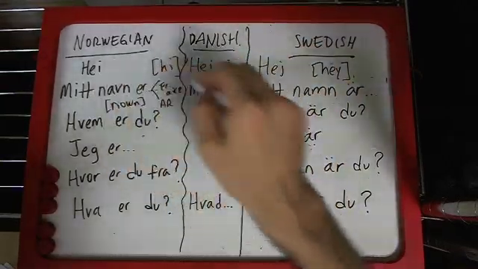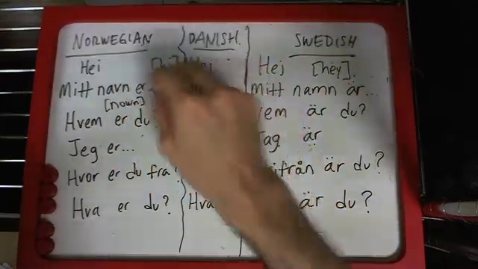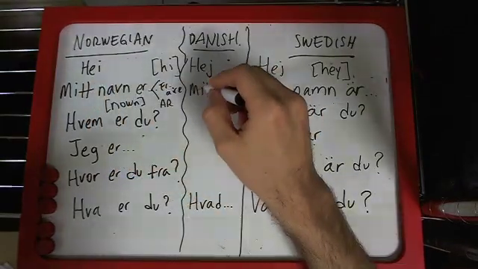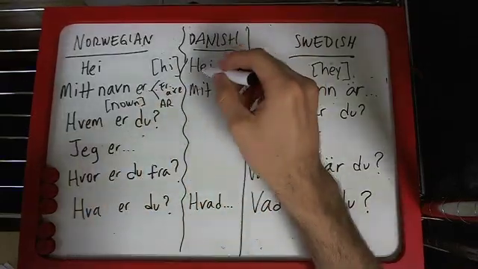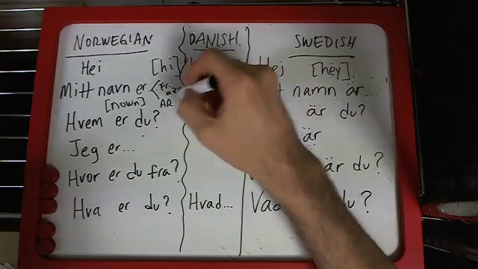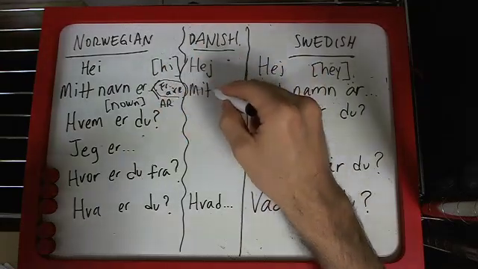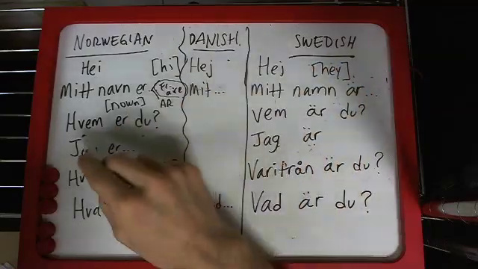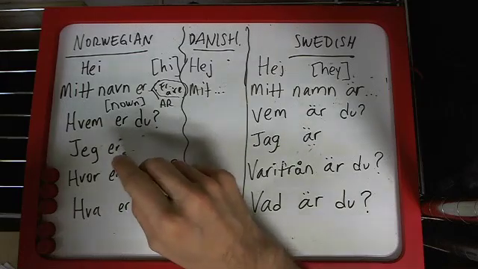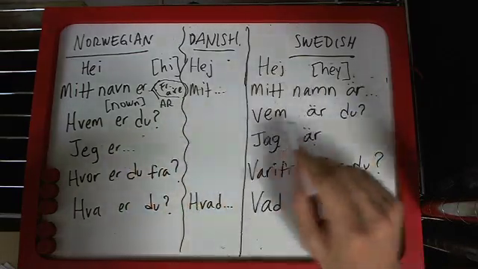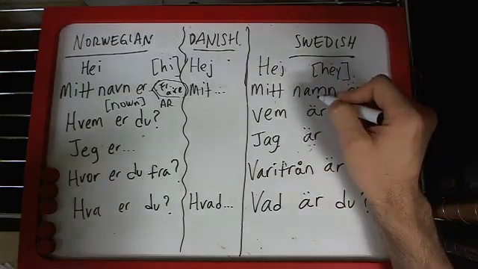In Danish, there's a difference in the spelling of mitt, single T, but basically it's the same. Mitt navn er, and they take this pronunciation here. Mitt navn er Takeru. So who are you? Same thing. Hvem er du? In Swedish, it's mitt namn.